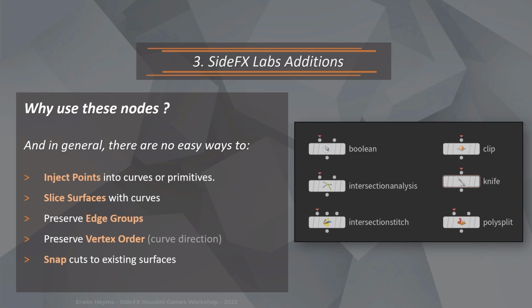Similarly, slicing surfaces with curves is not easily done. We can also often not preserve our edge groups. Edge groups are kind of like a third-rate citizen in Houdini. Lots of nodes do use edge groups. However, they're easily destroyed. And then finally, we have the vertex order or the curve direction. And like I said, there's no easy way to view that.